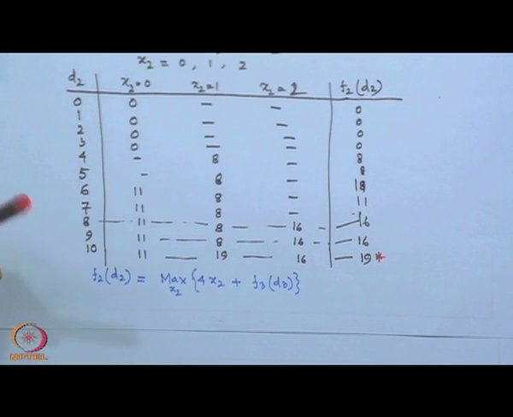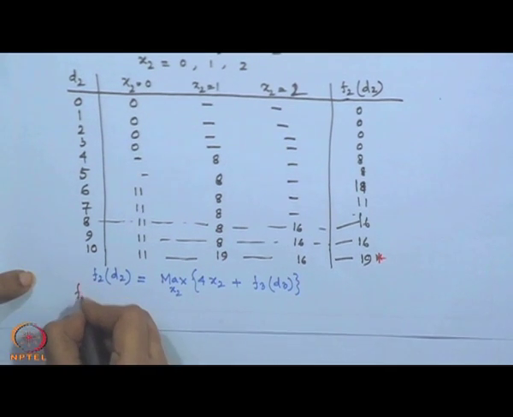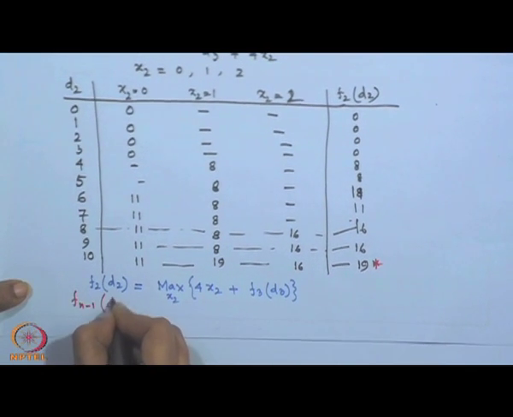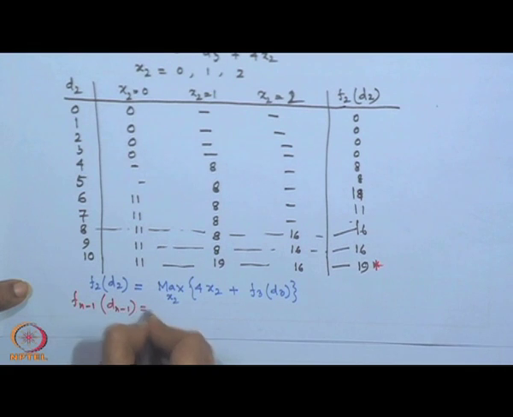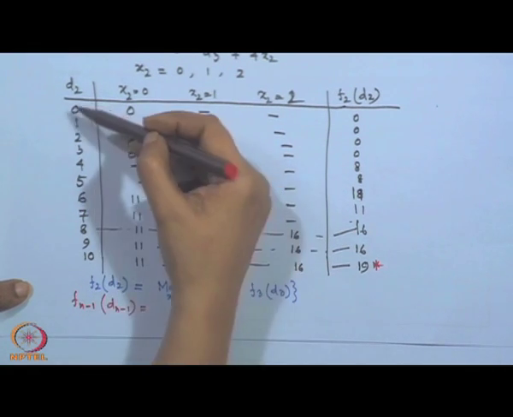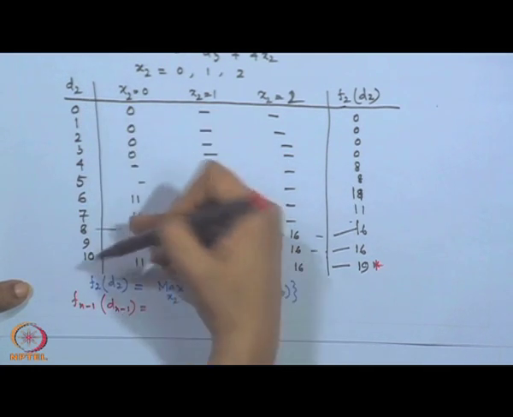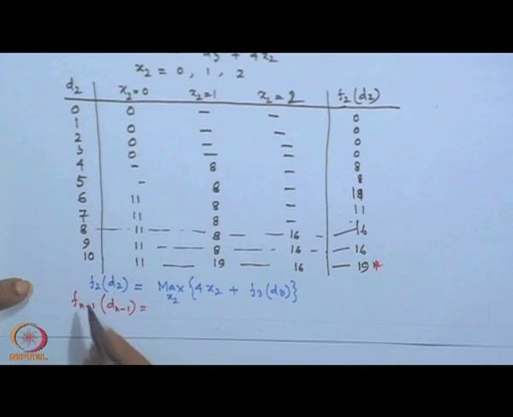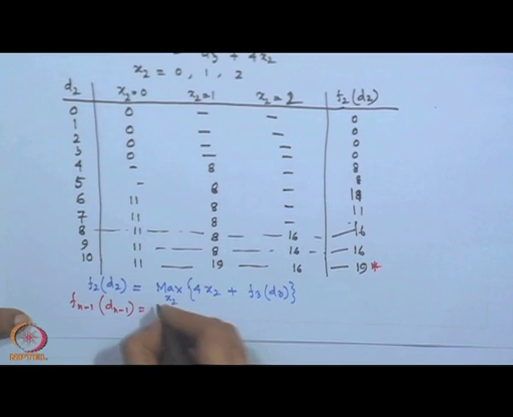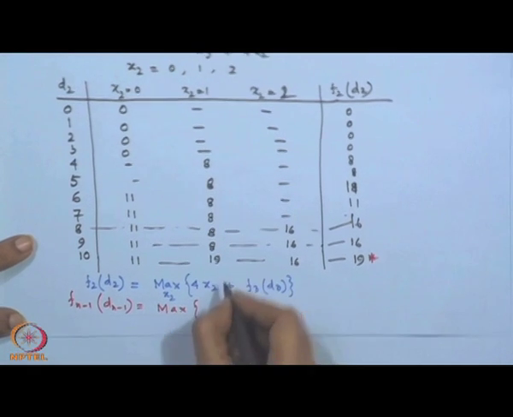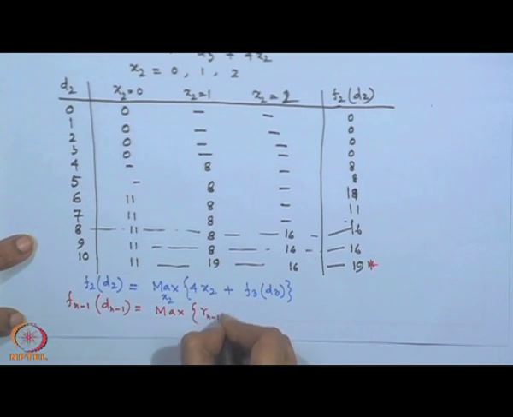We can write down the result as for the backward recursive relation Fn minus 1 Dn minus 1. What is your D2? D2 is in this stage, D2 can take any value, D2 is the decision we wanted to take. It could be 0, it could be 10 even, it could be in between any value. Thus, here also if we consider the n minus 1th stage, for a general problem we will see that that would be maximization of, this is the notation, let me use it now.